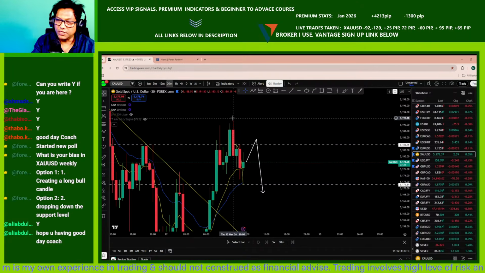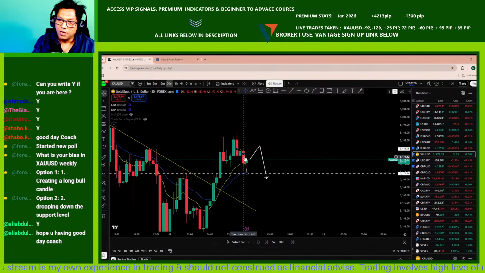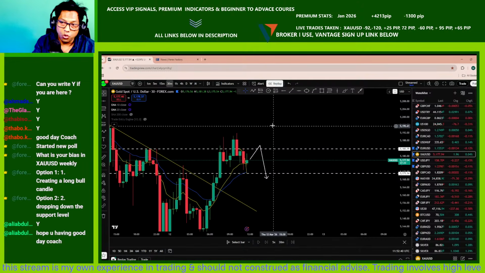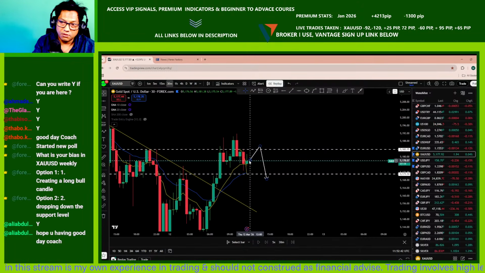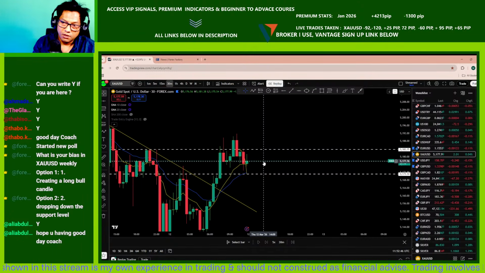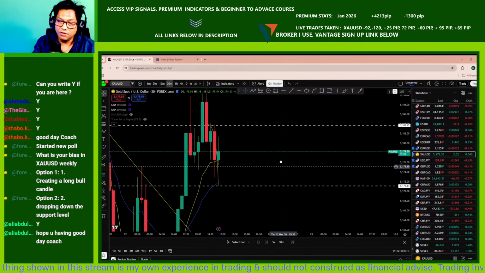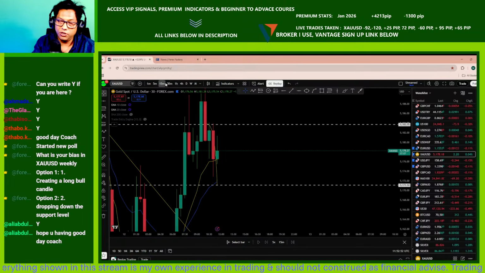Now we see there is a form of head and shoulder in that area. That head and shoulder can play out, right? If you look here, that head and shoulder might play out and the market may drop back down below here.